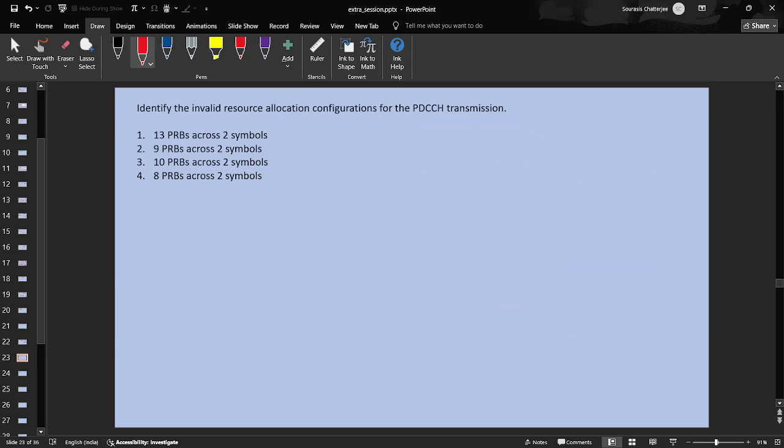So we are supposed to find the invalid resource allocation configuration for the PDCCH control channel. So which one of these is correct, by the way? How to find that?